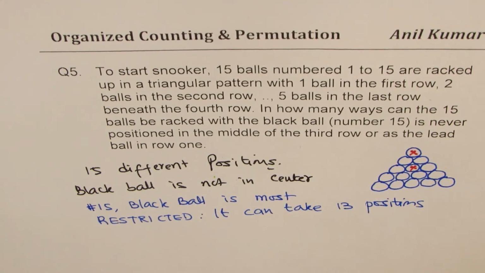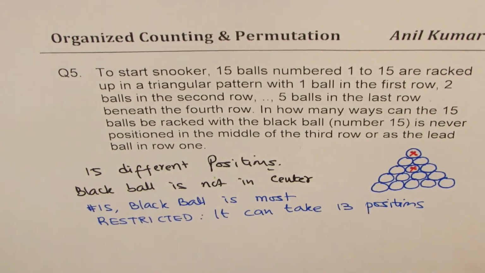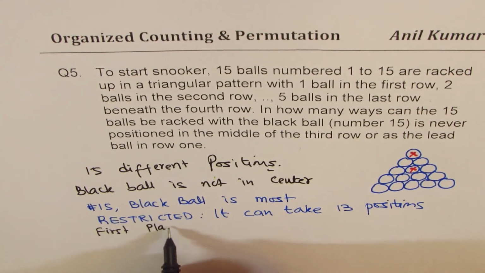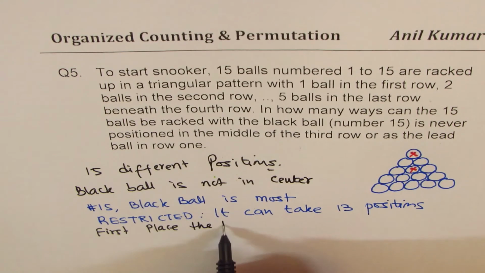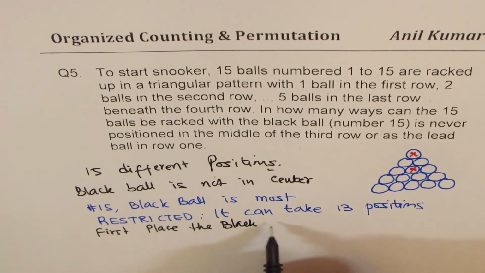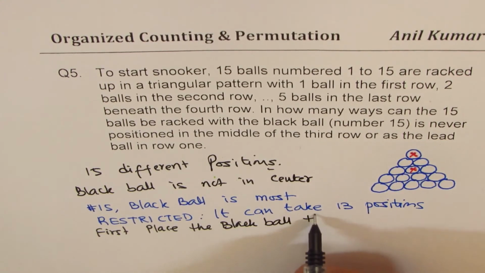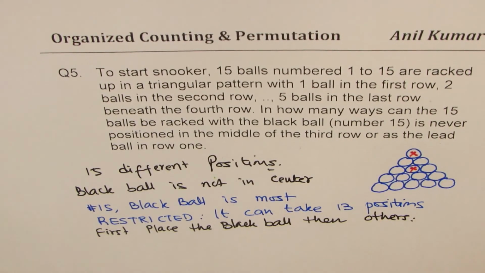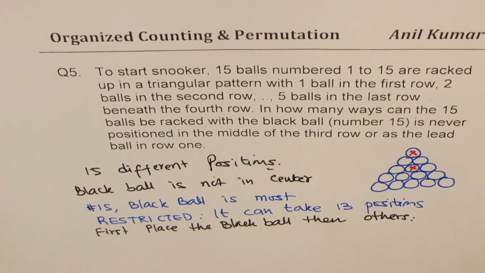So what is our strategy? In such cases, the strategy should be first place the black ball, then others. Do you get the idea? So with this strategy, if you work, you can easily solve this question.